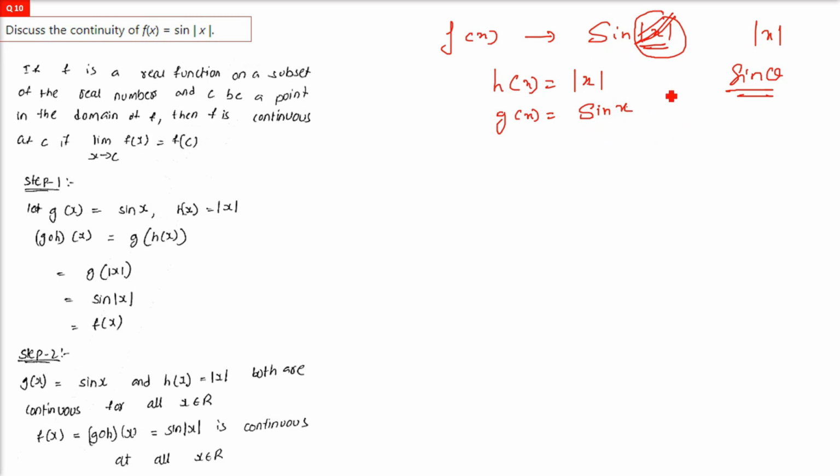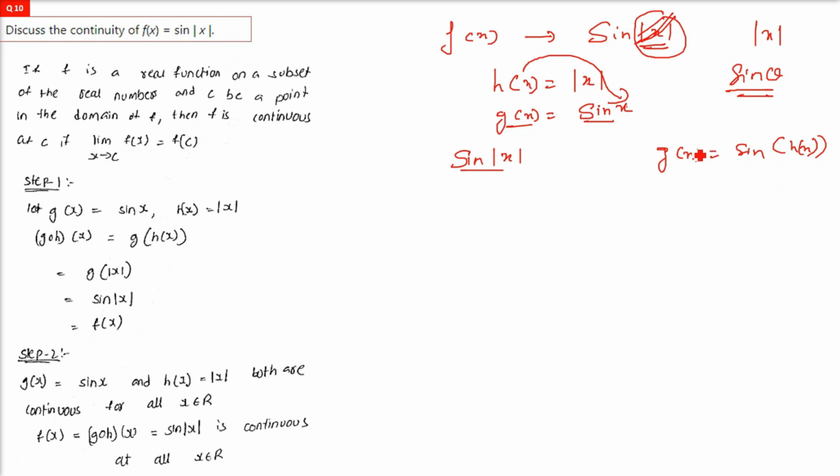So sine of mod x, you can represent it as h(x) placed inside g. So g of h(x) it is. So g(x) is sine, and this mod x is h(x), if we take it as a function. So g of h(x) is sine of h(x).